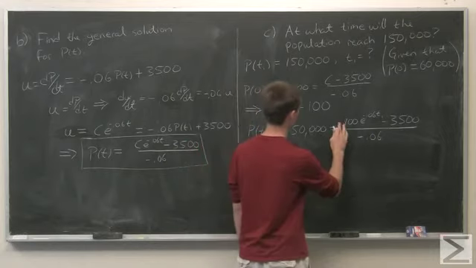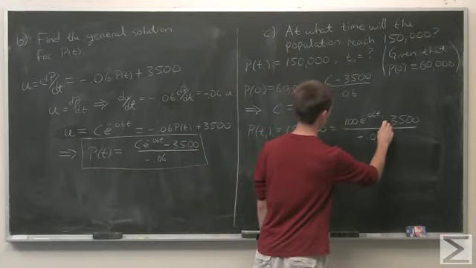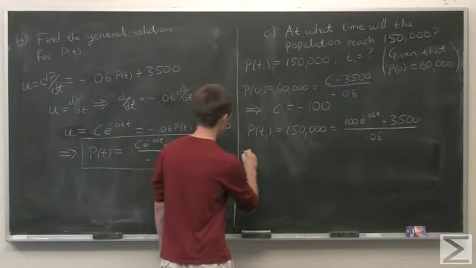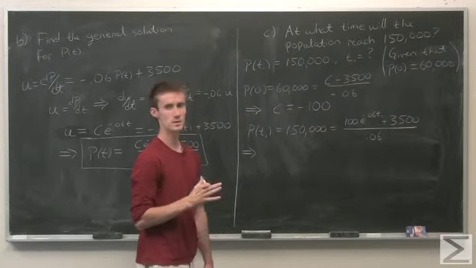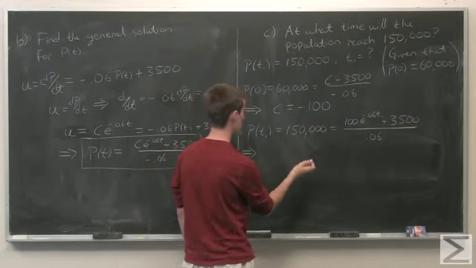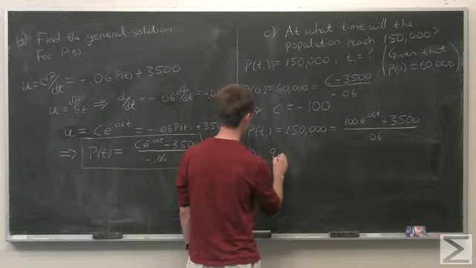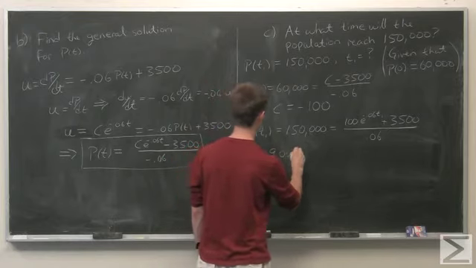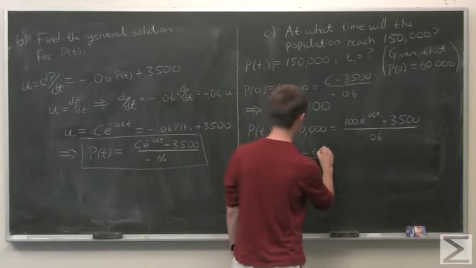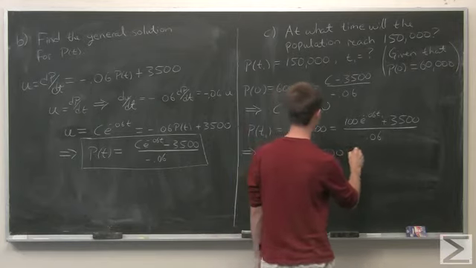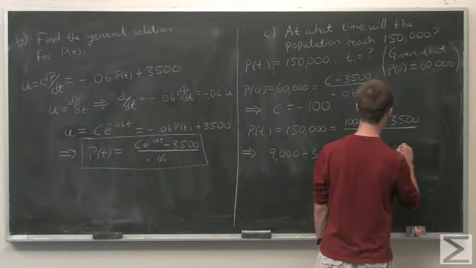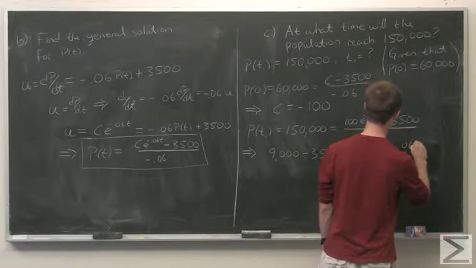Now, all the minus signs here cancel out, so it would probably be easier just to work with all positive quantities. And now we just use this equation to solve for t1. So if we multiply both sides by 0.06, we get 9,000. And then let's move the 3,500 to the left side. So 9,000 minus 3,500 equals 100 e to the negative 0.06 t1.